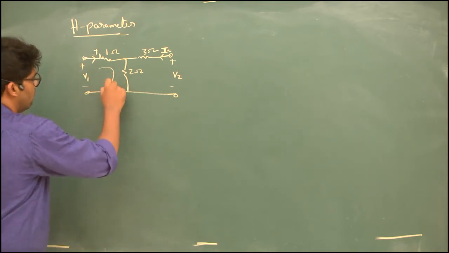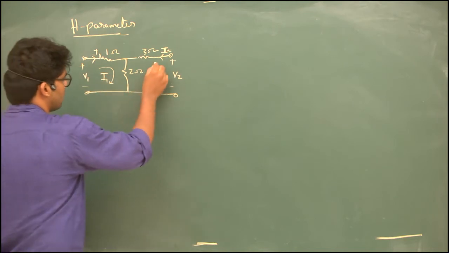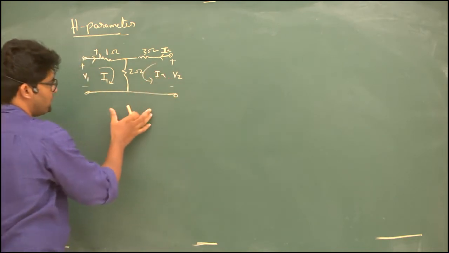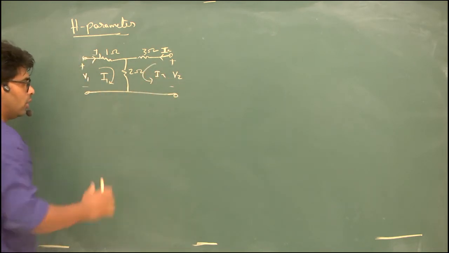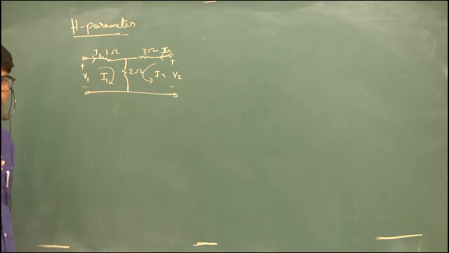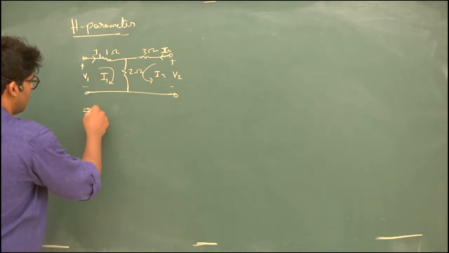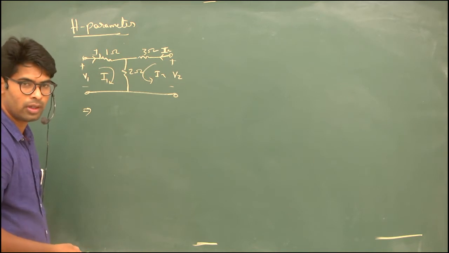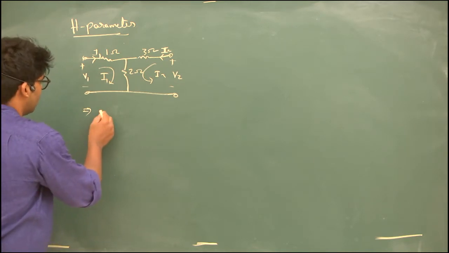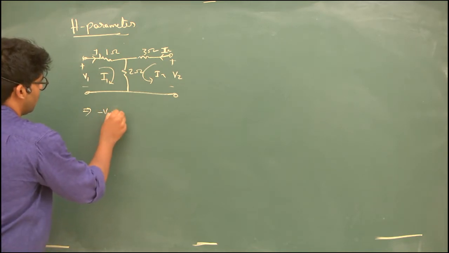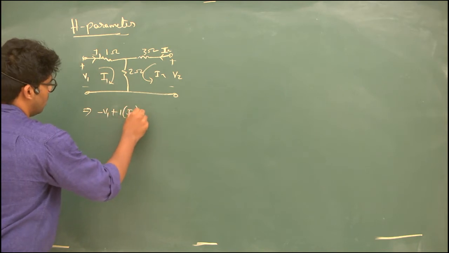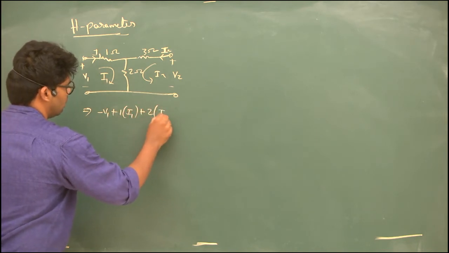Now conventionally, if you see a T network in your mind, the assumption you will take is to find z parameters directly. For the z parameters we'll apply KVL here. So minus V1 plus 1 into I1 plus 2 into I1.